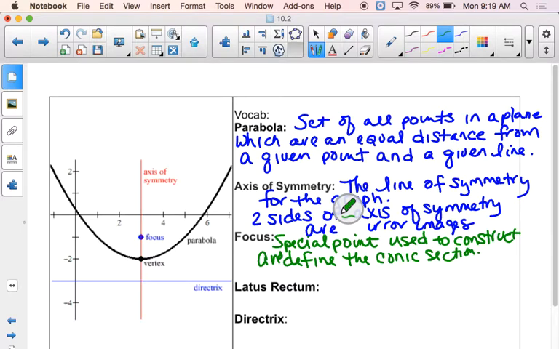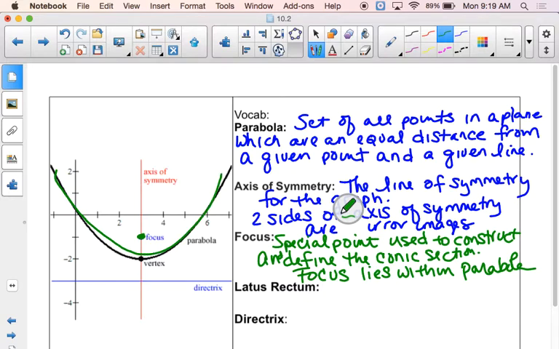The parabola has one focus and it lies within the parabola. So when I say it lies within, here's the focus because it's within the curve.